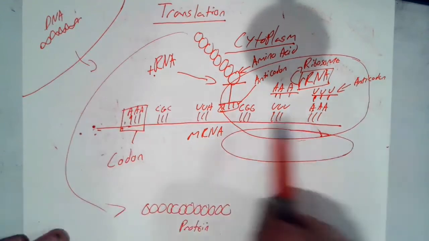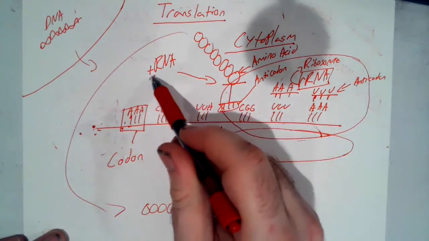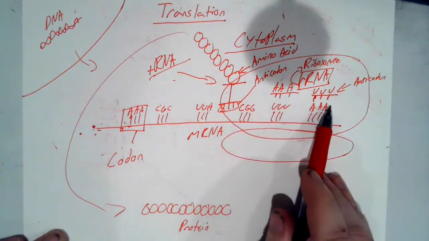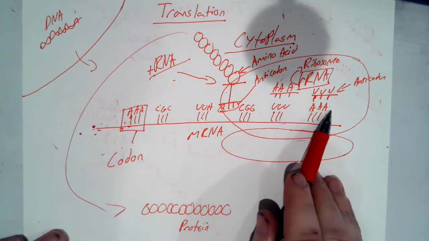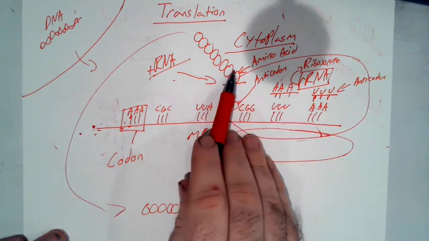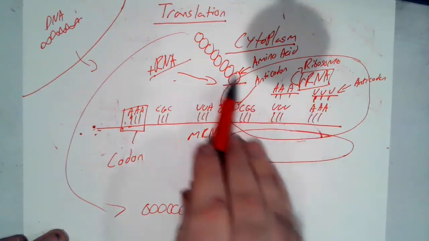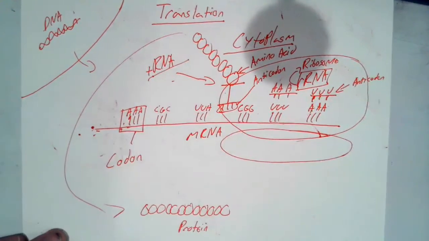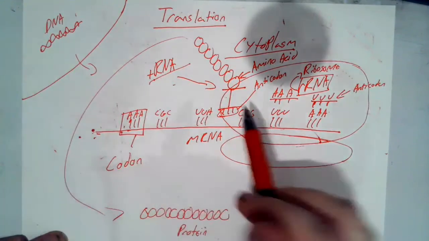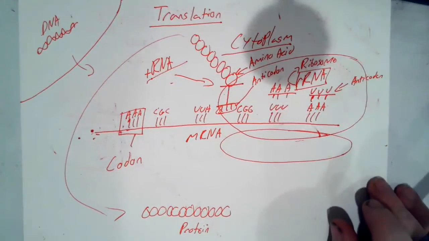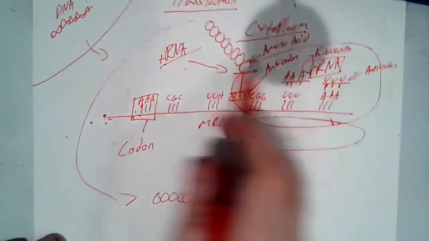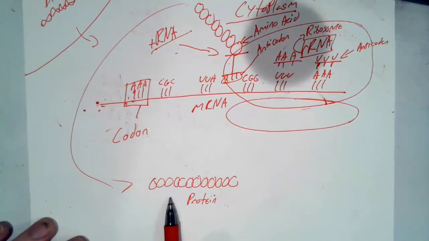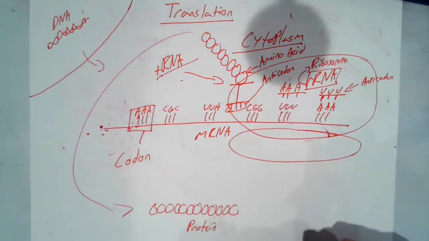And once it did that, you're going to have this tRNA come along and with an anticodon bond to the correct codon sequence and bring that amino acid down. And this happens so many times that you have different amino acids that get bonded together via peptide bonds. And then you made a protein. So we went from DNA to protein via RNA.